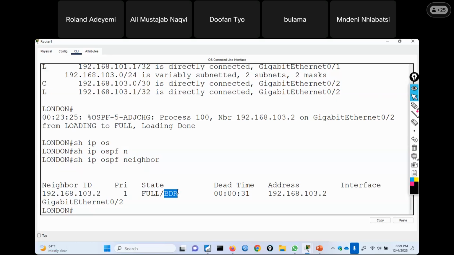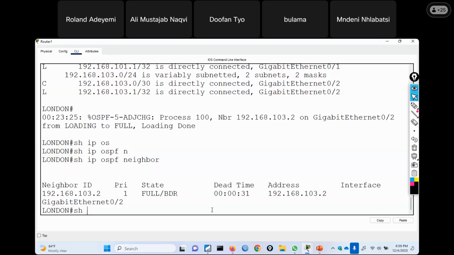Why do we have an election here? I told you in the last class, when you are using Ethernet, OSPF will do an election and select who becomes DR and BDR. But we don't want it to be like this. We are going to change it later when we leave this area. Okay, that's the first command, show IP OSPF neighbor.